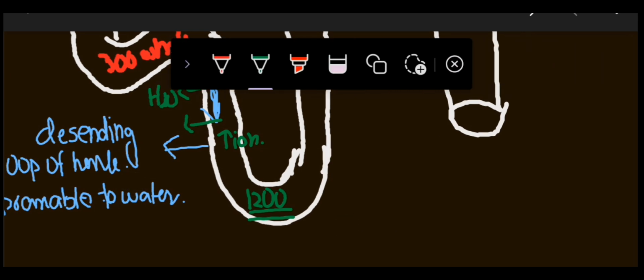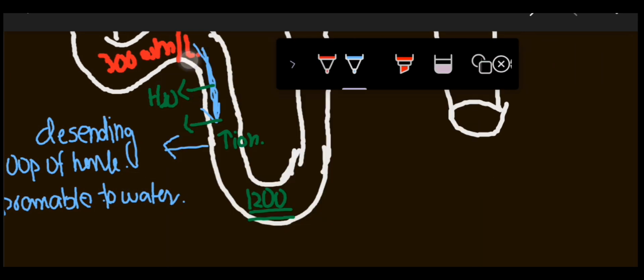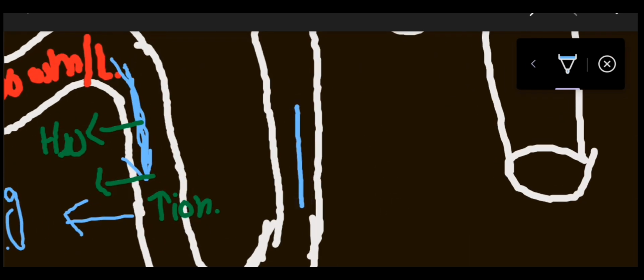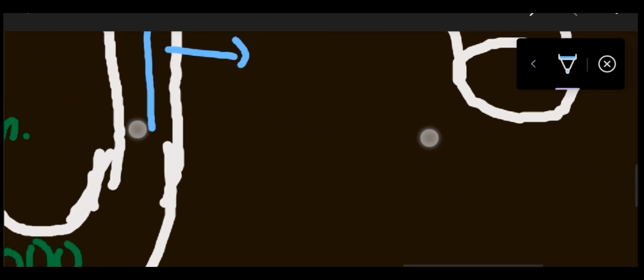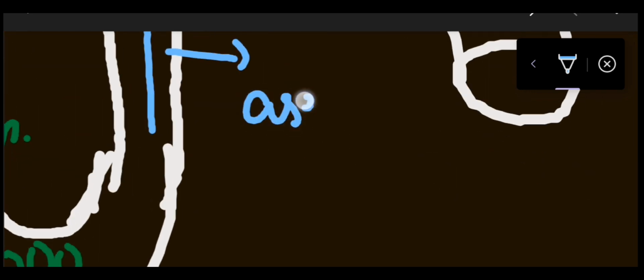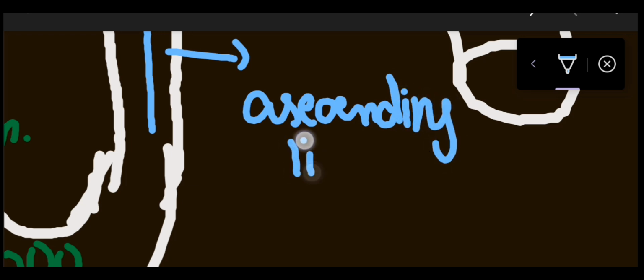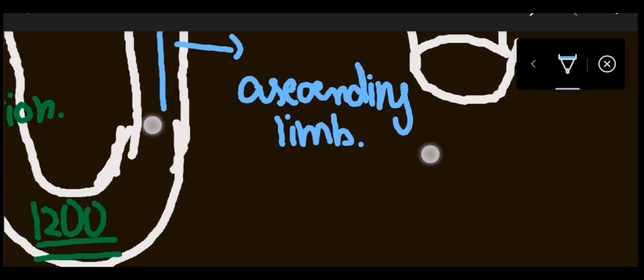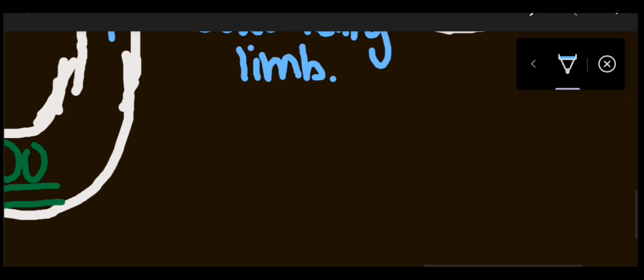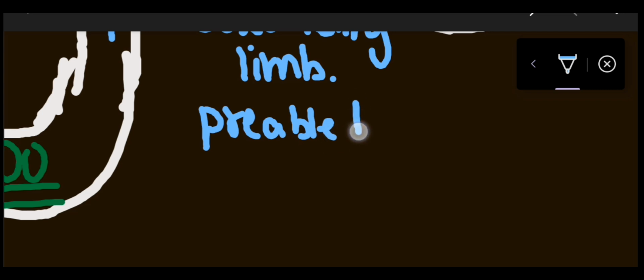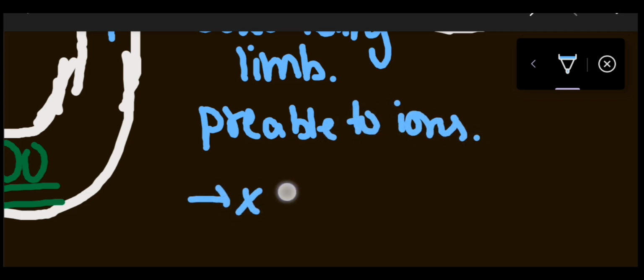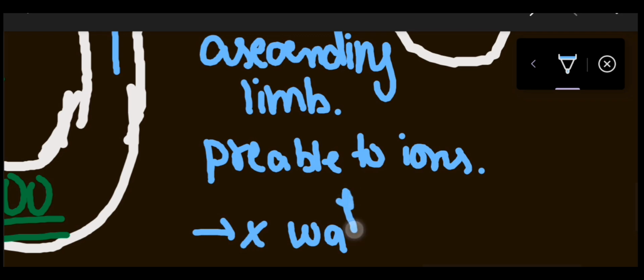Then again it will go through the ascending limb, and this ascending limb is permeable to ions. This is not permeable to water, but it is permeable to ions.